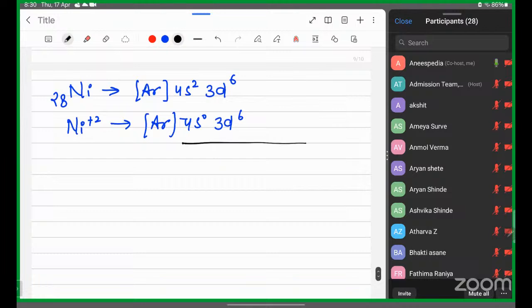If you look at the d subshell, we have 5 orbitals, 1, 2, 3, 4 and 5, and there are 8 electrons. So how many unpaired electrons are there? 1, 2.